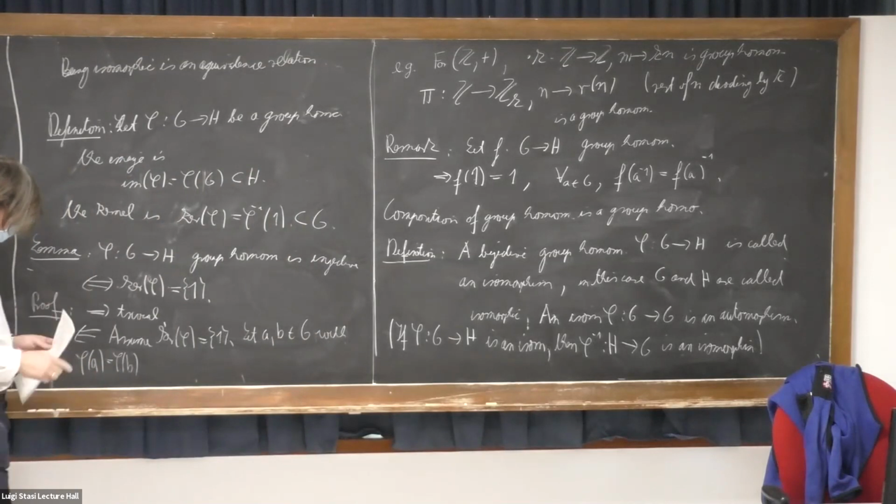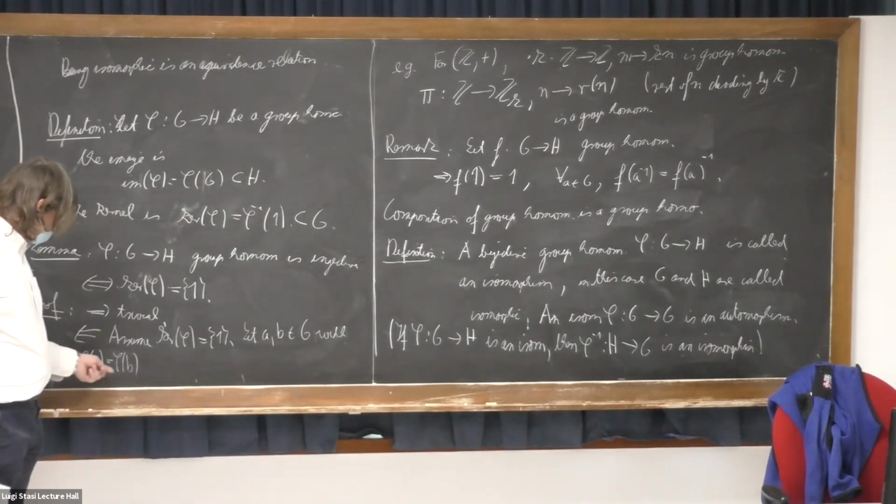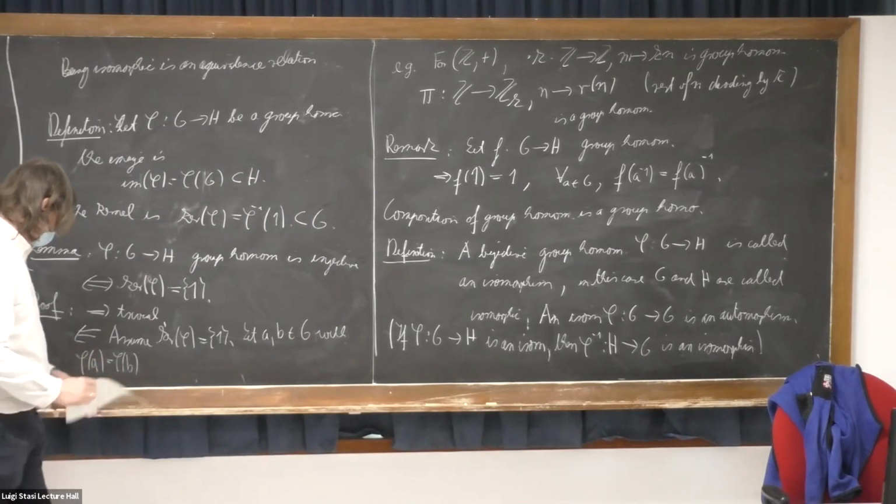So I can multiply by F of B to the minus 1 on the other side.